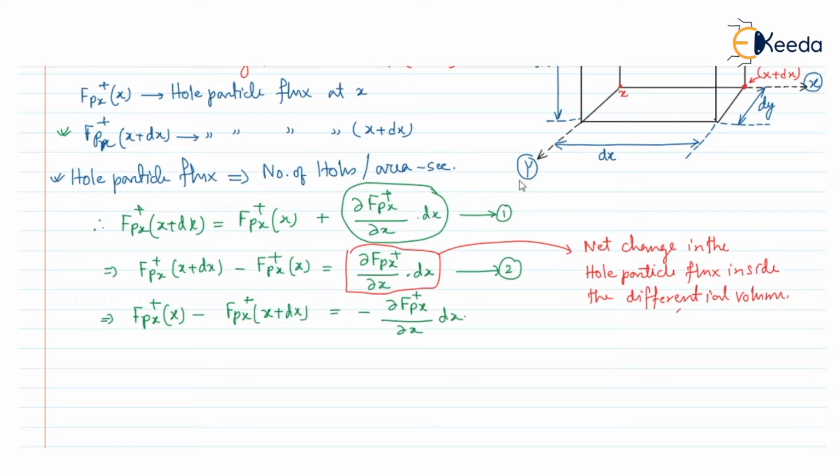Now similarly, we can find the hole particle flux increment within the differential volume. So this is the net increase or net change in the hole particle flux inside the differential volume in the x direction.